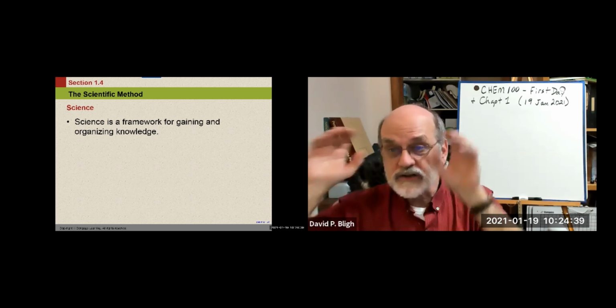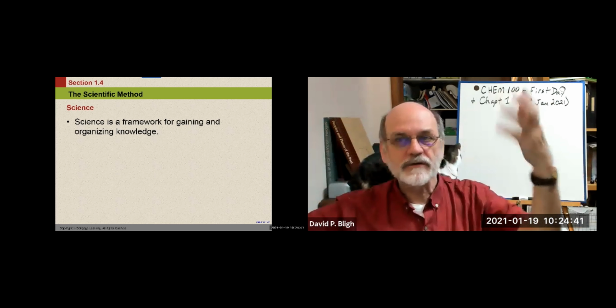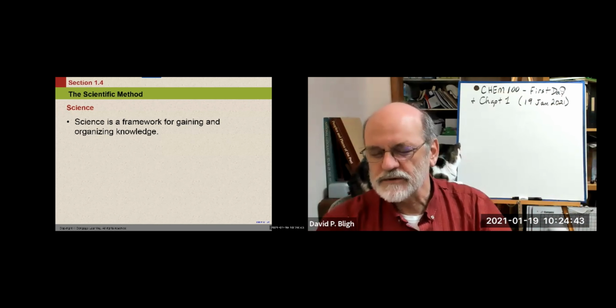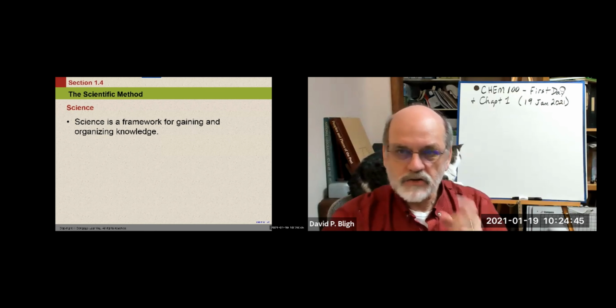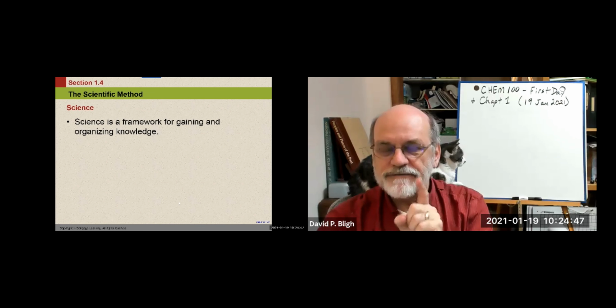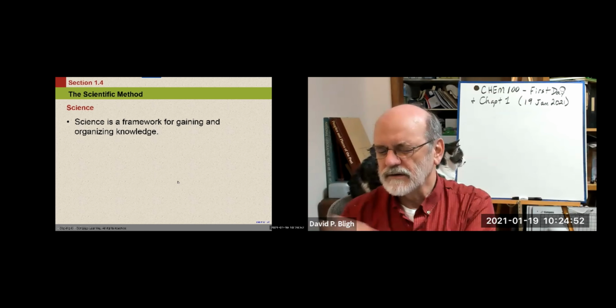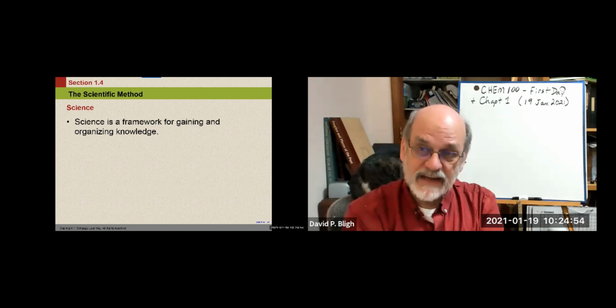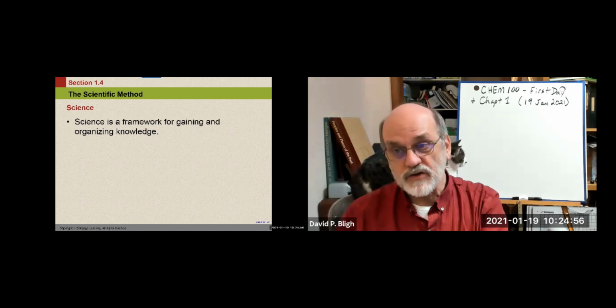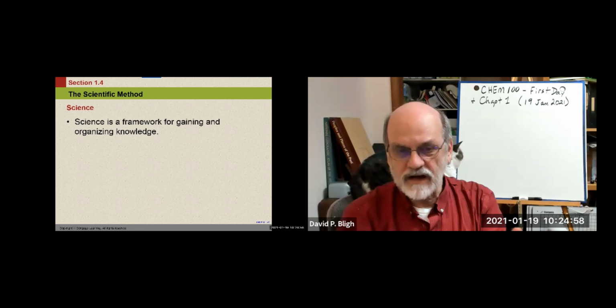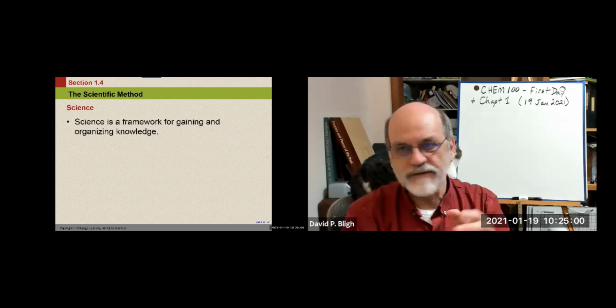It's okay to let your mind go and think of different solutions to problems, as long as you test them and you see if they fit the conditions. Remember, nature does what it does. We say this is why we think it happens, but if it doesn't fit with nature, you've got to change it, throw it out, or modify it some way.